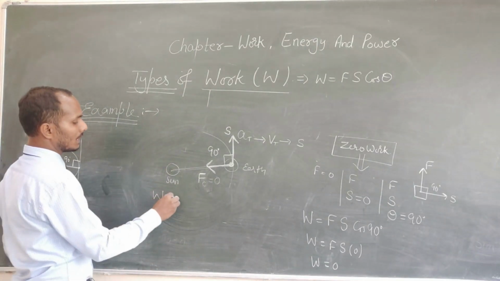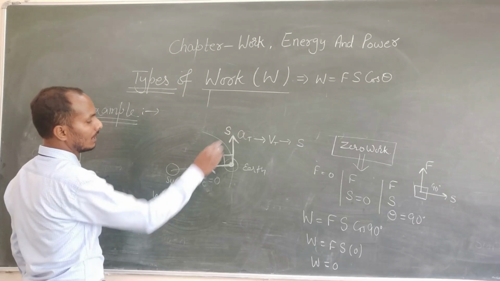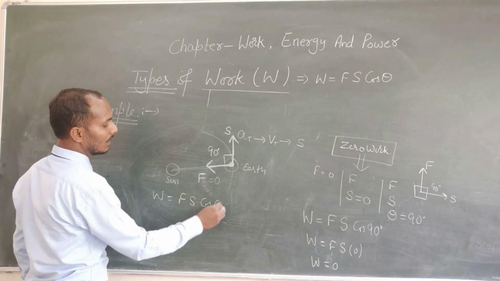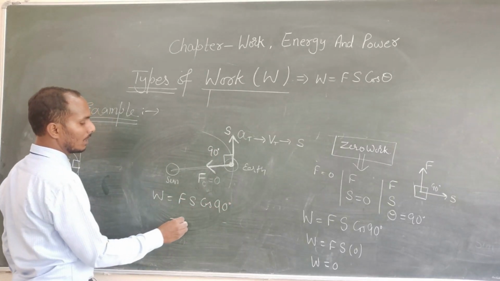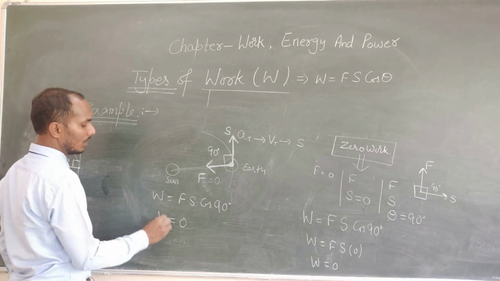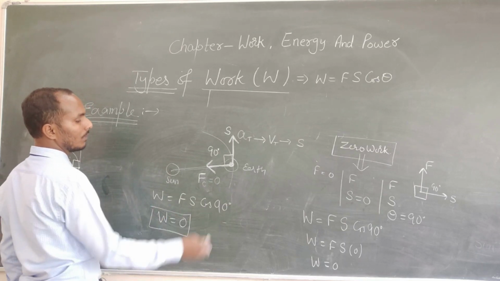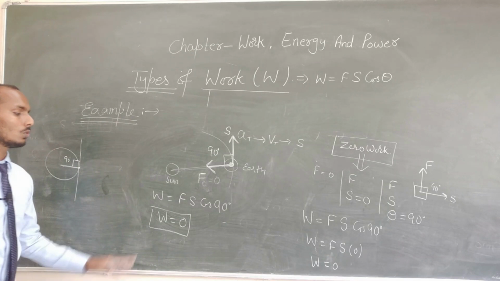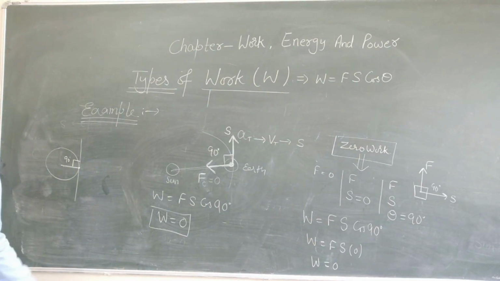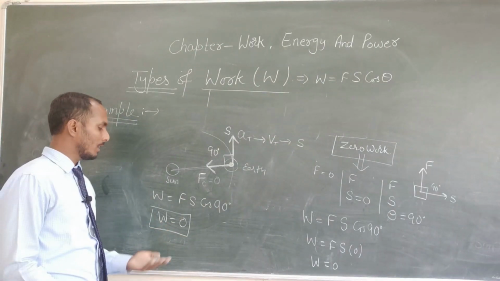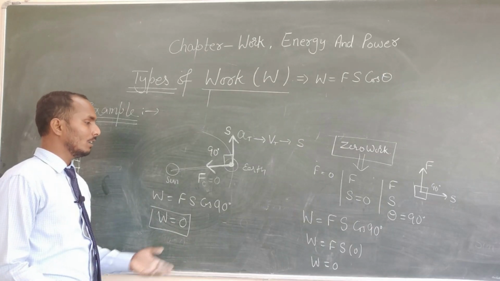Work is force times displacement, but the angle is 90 degrees, so it becomes 0, because the value of cos 90 is 0. In this way you are able to understand zero work.